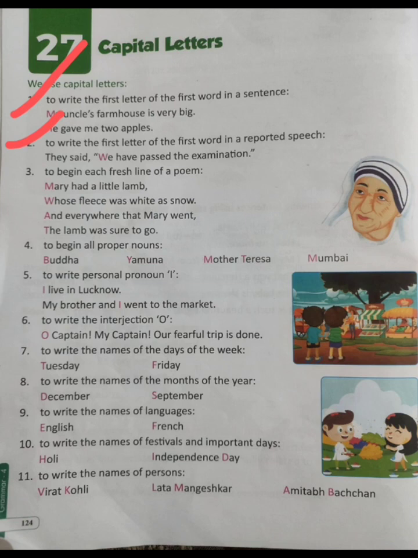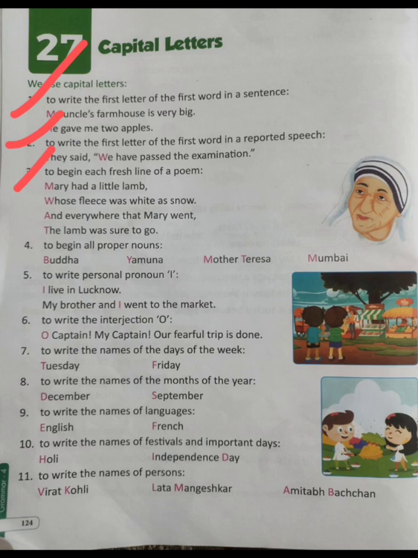Let's move forward. Rule number 3: to begin each fresh line of a poem. Next rule is when we write a poem, always make the first letter of the first word capital in each line.